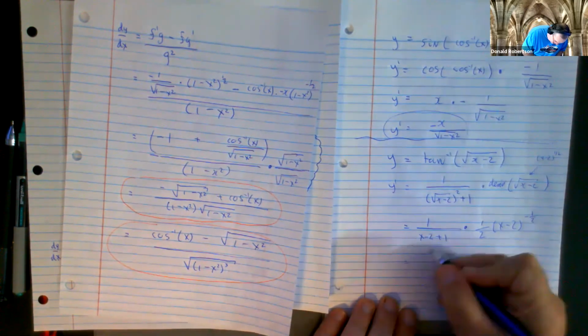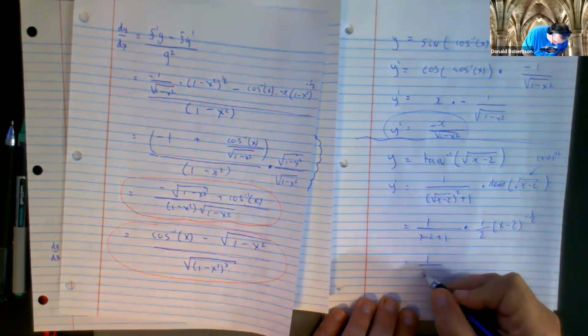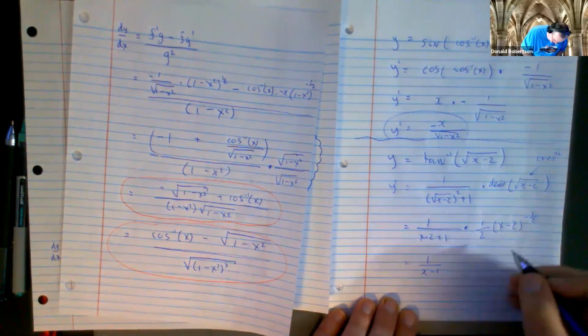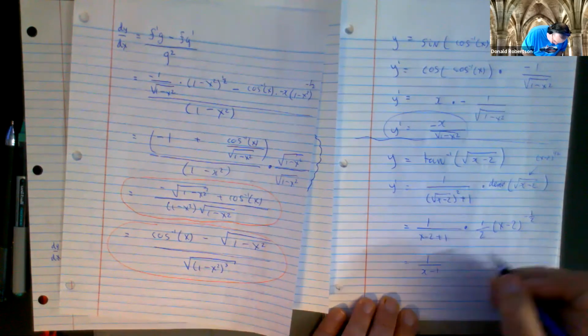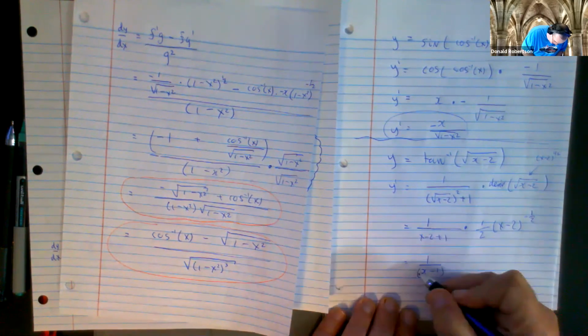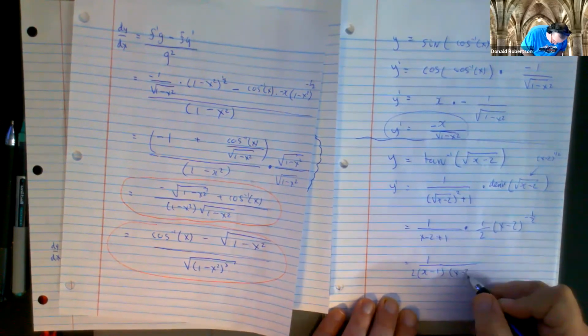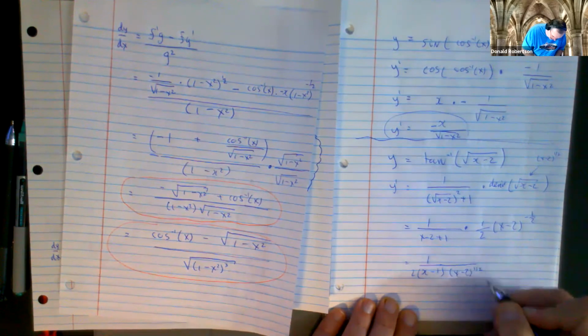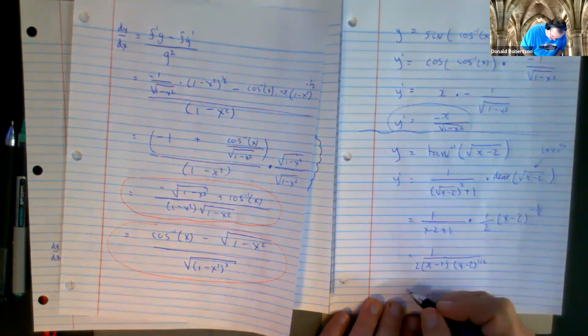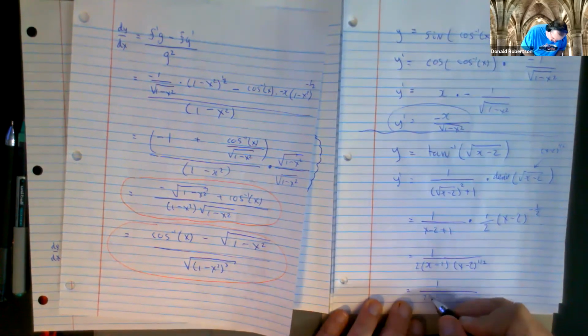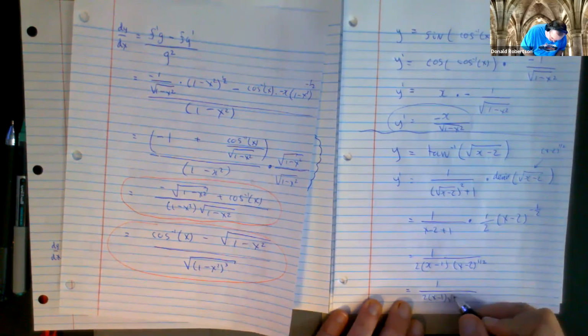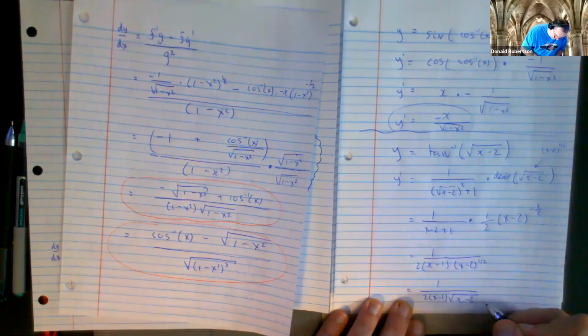And so this guy becomes x minus 1. This guy here goes there, and this guy here goes downstairs. And then make it look like the original. There's our answer.